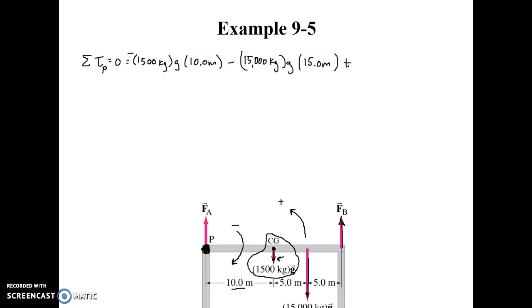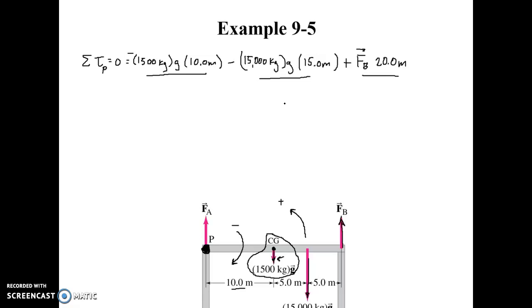So it's a positive torque, and the force is Fb, and the distance is 20.0 meters. So these three torques, this negative torque, this negative torque, and this positive torque, when they're all added together, will equal 0. They're all going to cancel each other out. That's what's meant by equilibrium.